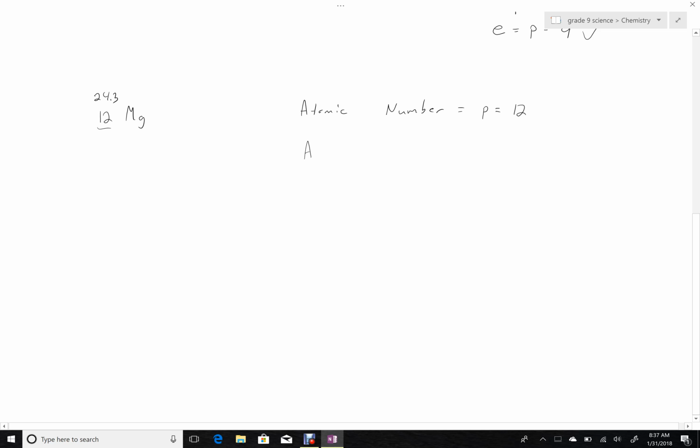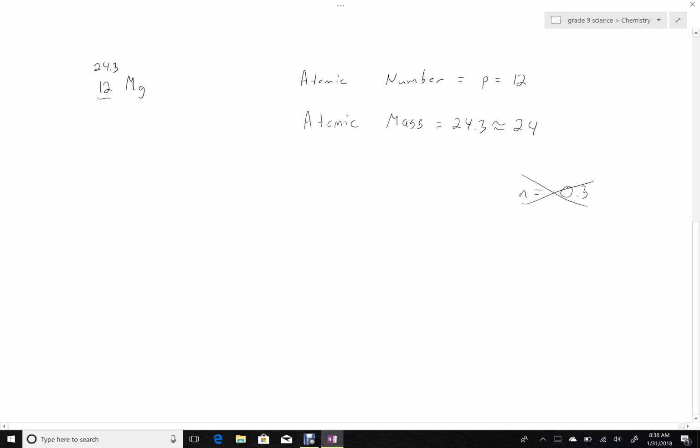And when I go for atomic mass, I use this 24.3, but I'm going to round that to 24 when I'm looking for the number of neutrons, because I don't want 0.3 of a neutron. That doesn't make any sense. A neutron is either there or it isn't. There's 1, 2, 3, not 1.3. So I just round that to avoid that error.